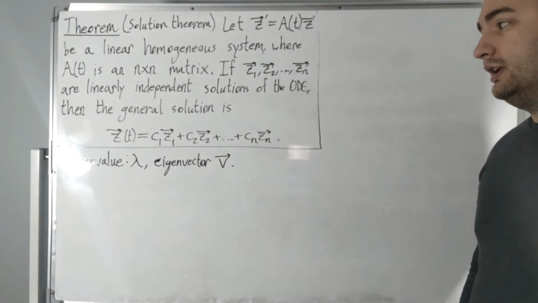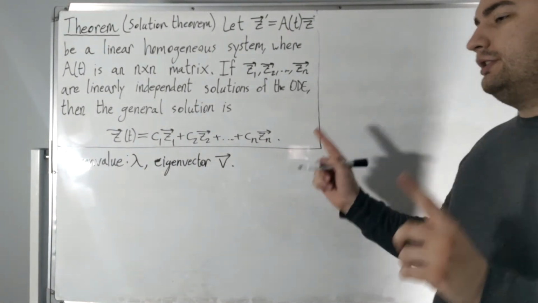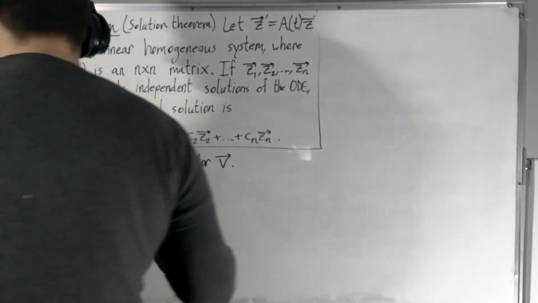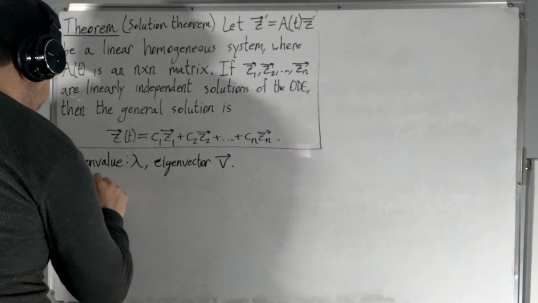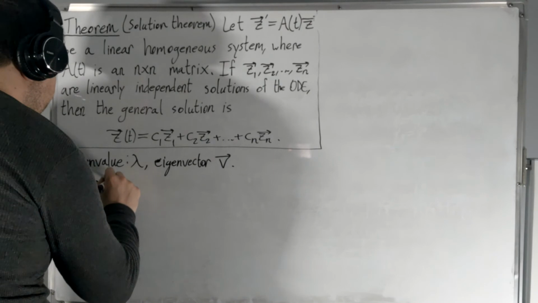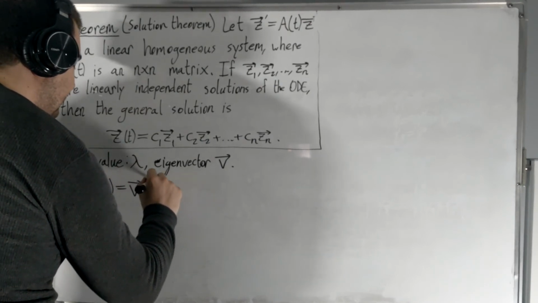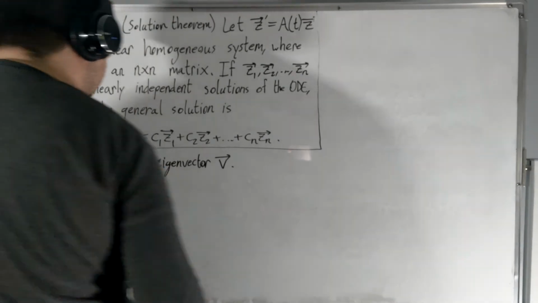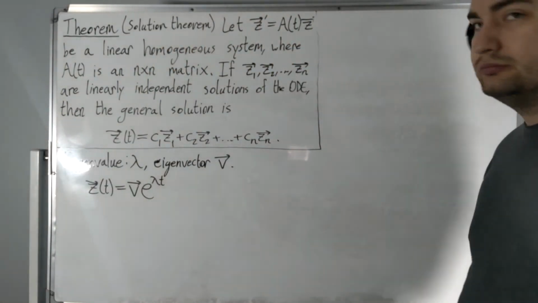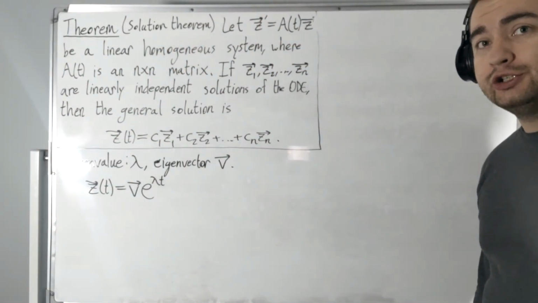I want to look at z vector of t equals v vector times e to the lambda t, a vector valued function.